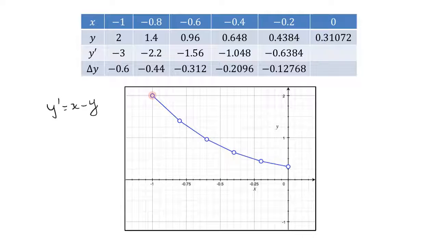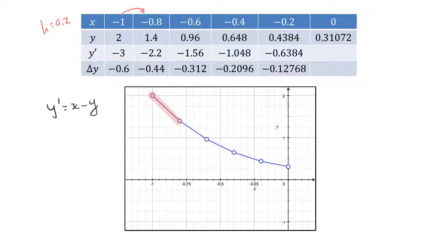In our case, x minus y is negative 1 minus 2, which is negative 3. So we're going to travel along a line of slope negative 3 for the prescribed length. Well, we're doing a step size of 0.2. From negative 1 to negative 0.8 is the 0.2 step size.